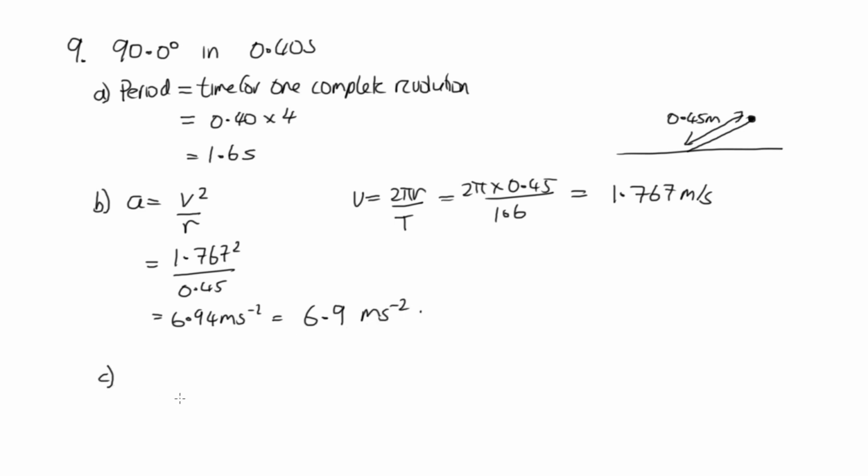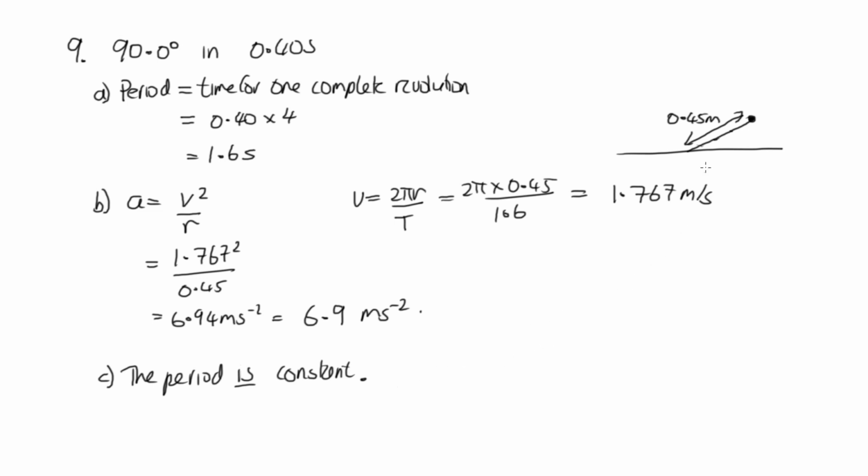Now part C asks us, is the period the same along the whole length of the blade? Well, every point here is attached to the blade, so they all need to move together at the same time. So the period is constant. And then it asks us, what about the centripetal acceleration and the angular velocity?